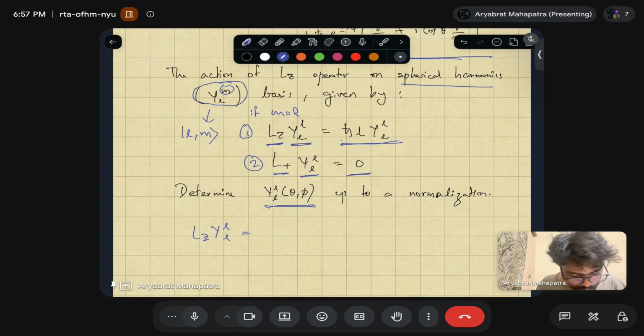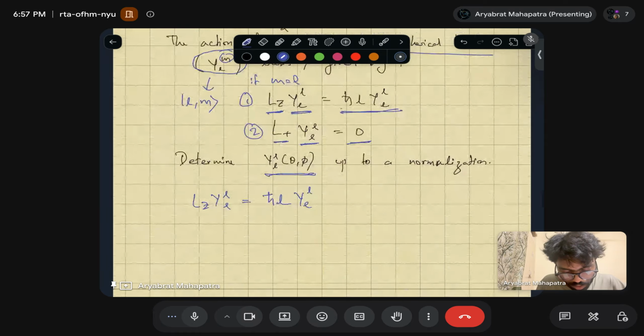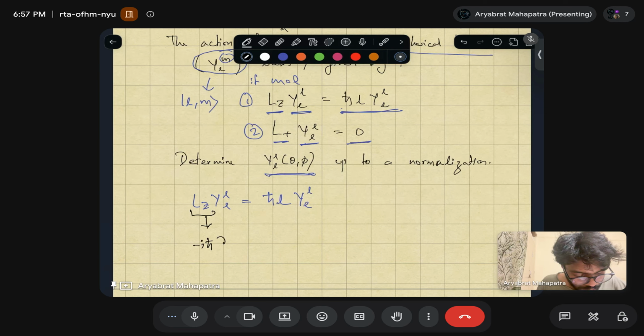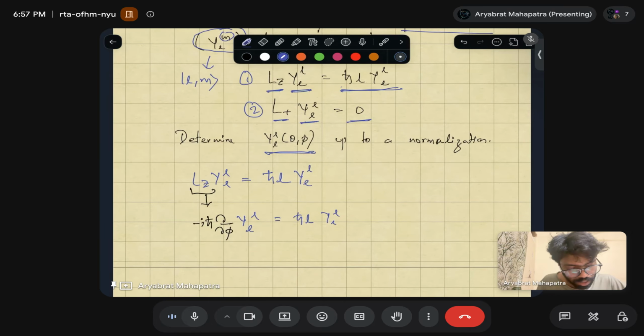It gives you ħl Y_l^l. And if you remember, as I showed you at the beginning, the operator Lz can be written in spherical coordinates as a partial derivative with respect to phi, acting on Y_l^l, equal to ħl Y_l^l.